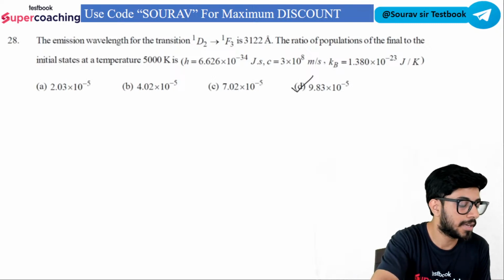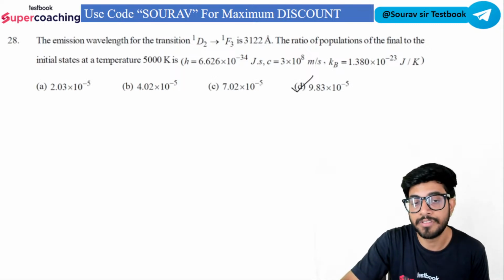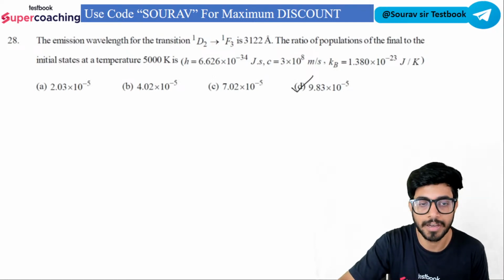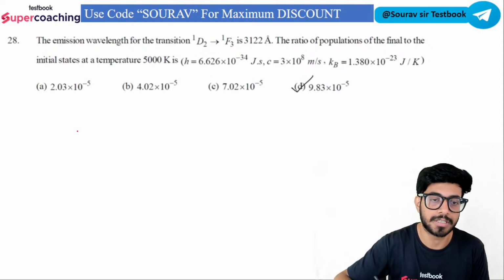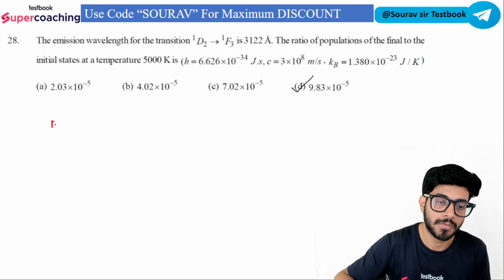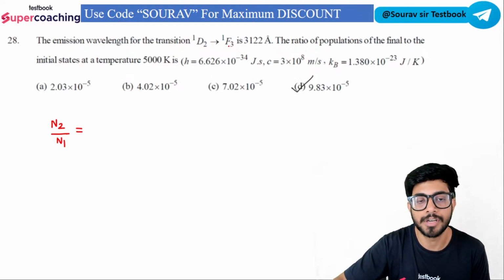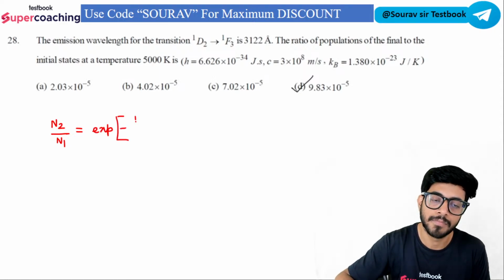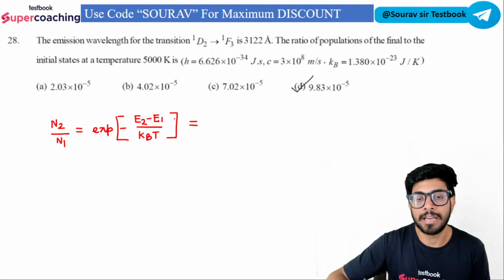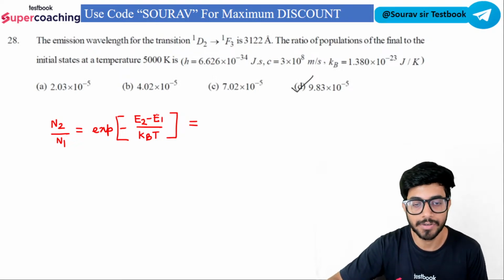Fine. So in this question, what is being said: the emission wavelength for the transition 1D2 to 1F3 is 3122, and we want the ratio of the population of the final state to the initial state at a given temperature. The ratio of population of the final state to the initial state is exponential of negative of E2 minus E1 by kBT. E2 minus E1 can be written as hc by lambda, over kBT.